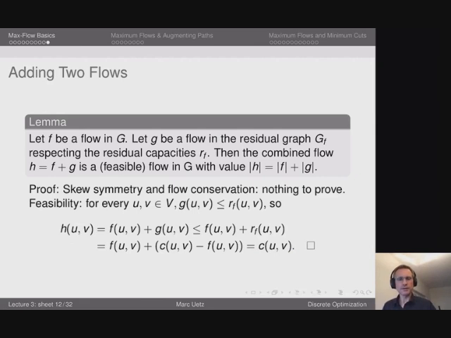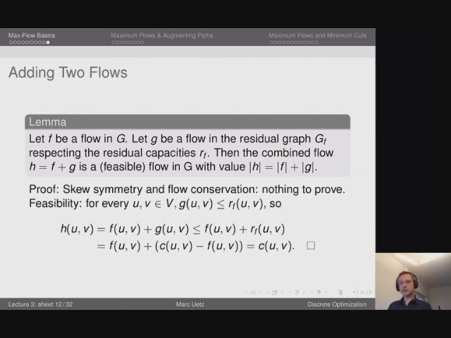So what does this lemma give us? Given an arbitrary flow, initially could be 0, I can compute the residual graph. That is very easy, in linear time. And I can compute a flow in the residual graph and add it to the flow that I already had, and I obtain a flow which has a larger value. So that's a viable way to go for designing algorithms.